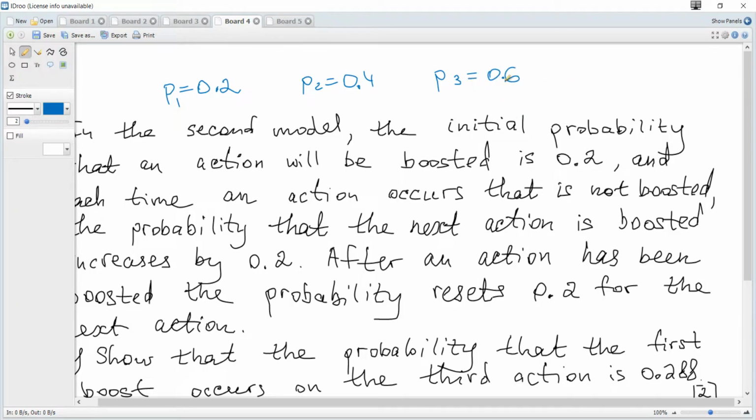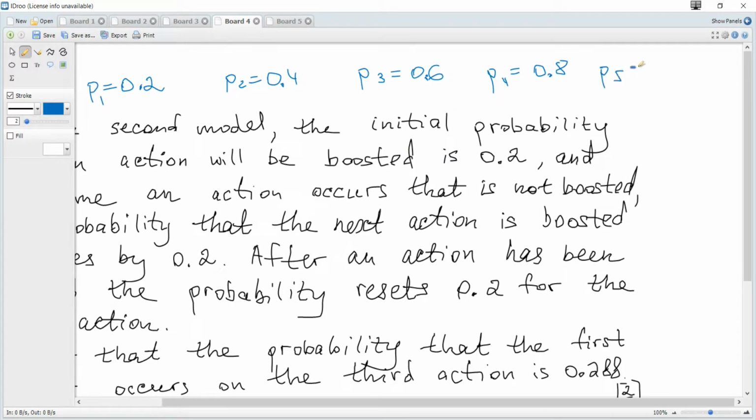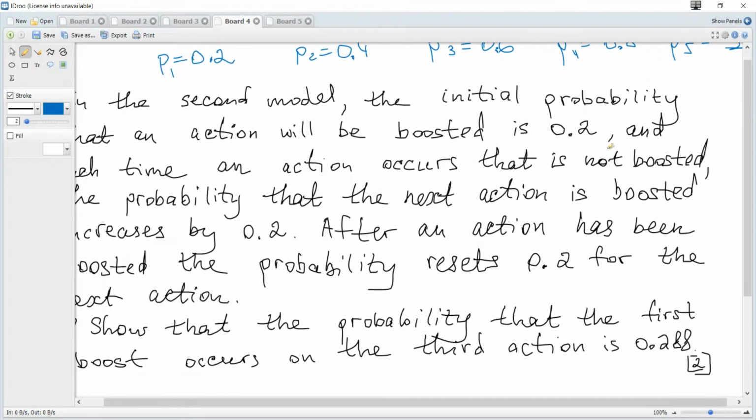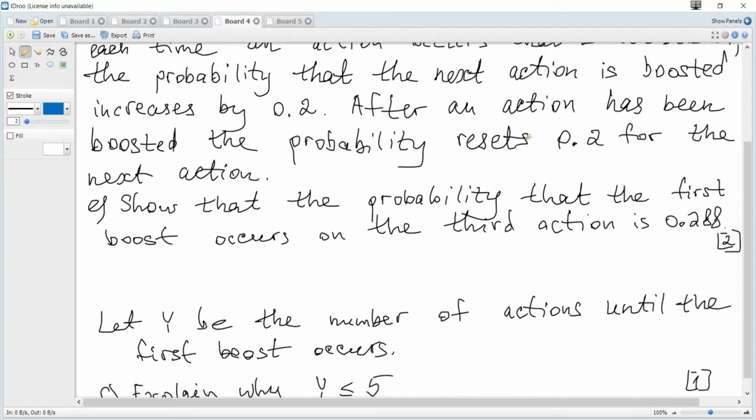And it's very important to emphasize that no boost on all previous trials, and so on. Probability that it occurs on the fourth trial is 0.8, provided that no boost on all the previous. And you can see that probability on the fifth trial is 1. And what is 1? It's a certainty, provided no boost on the first 4 trials. And what is the question?